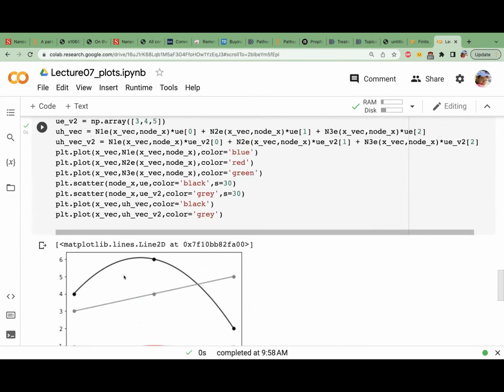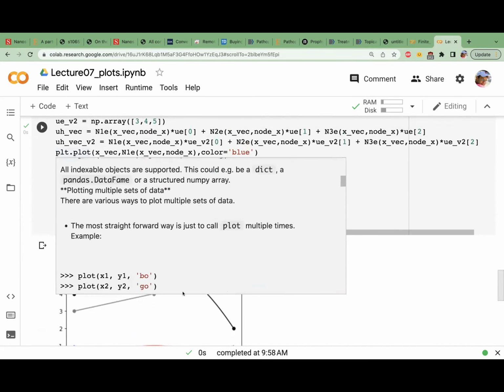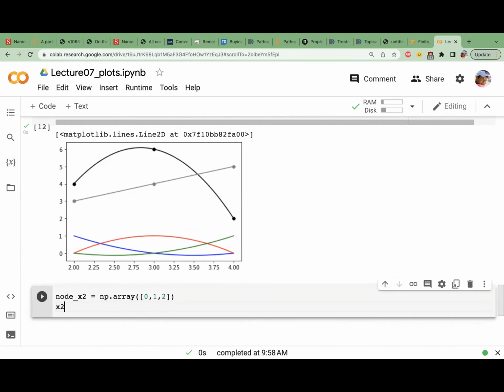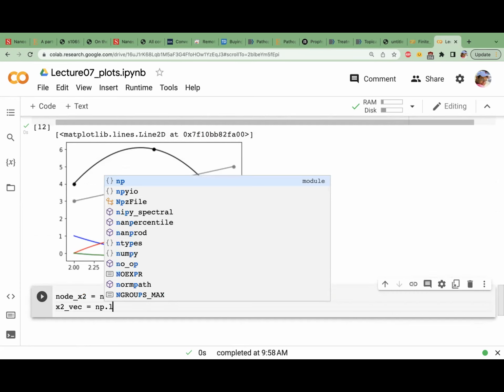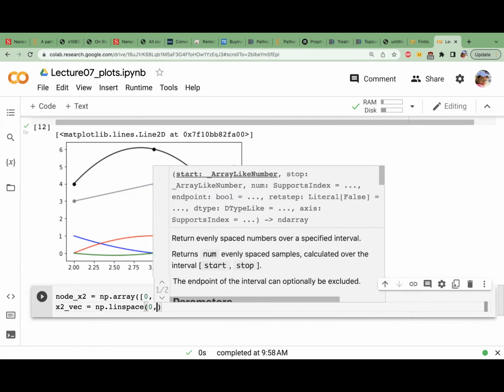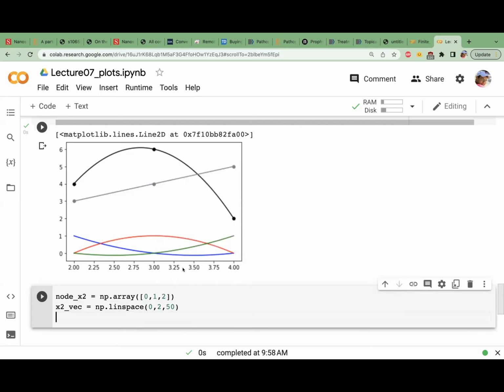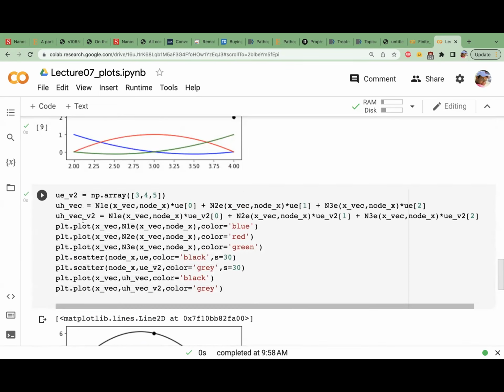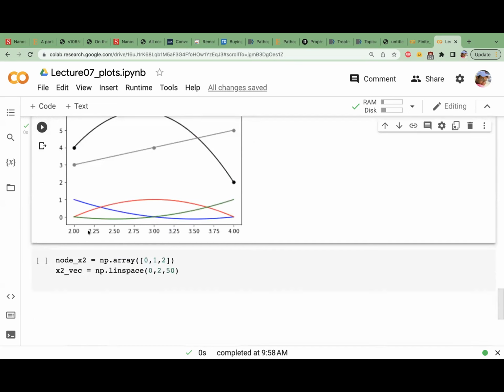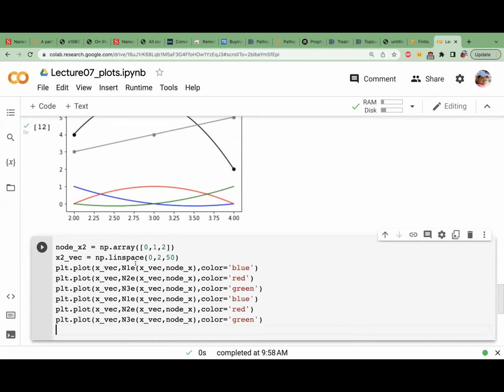So let me just do another linspace from 0 to 2, another 50 of this. I'll repeat the colors. I will plot again this, but 2 times. X2 back, X2 back, X2 back. So these should plot the shape functions over 0 to 2, and then the same over 2 to 4.